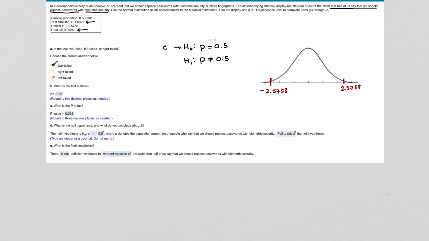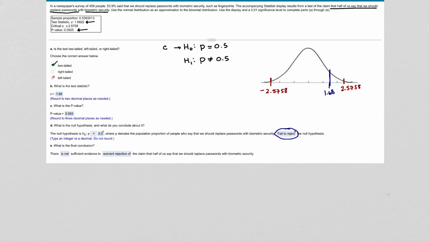And our test statistic is 1.68, so that's going to fall about here. So it is not in the critical region, so we are going to fail to reject the null hypothesis.